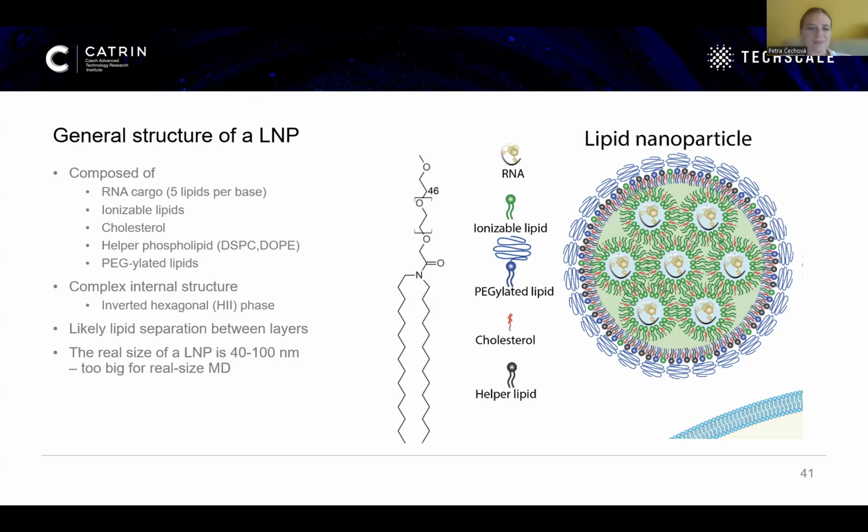And the size of the lipid nanoparticle is in the tens to slightly over 100 nanometers. So it's still nano, but it's too big for us to realistically simulate in a molecular dynamics simulation.